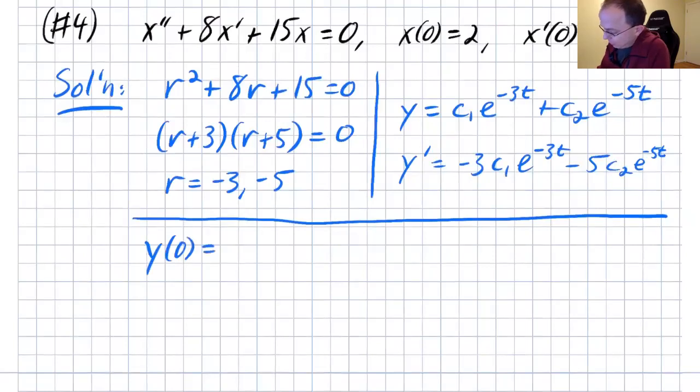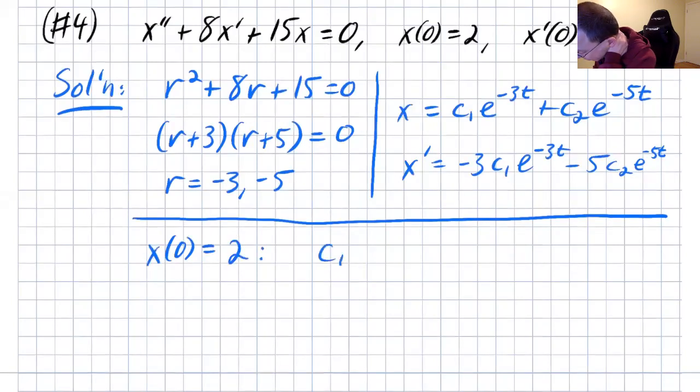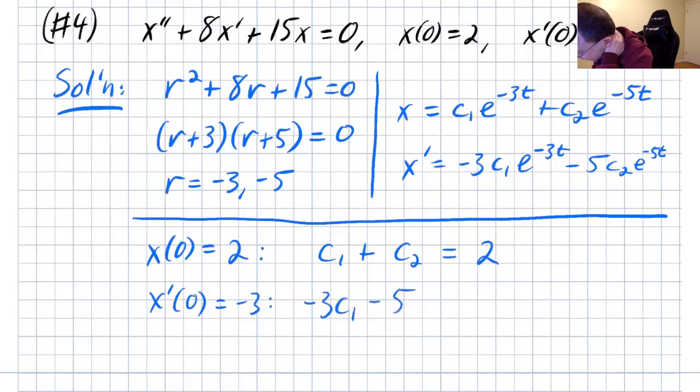Oh, I keep using y. I'm so used to using y here, but we typically use x in this chapter. So x of 0 is 2, so we get C1 plus C2 is equal to 2. And x prime of 0 equals minus 3, and we get minus 3 C1 minus 5 C2 equals minus 3.